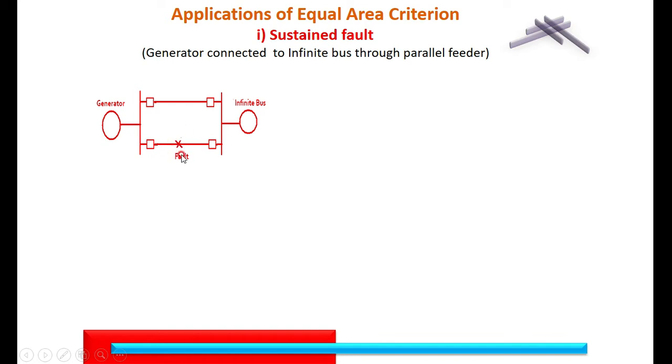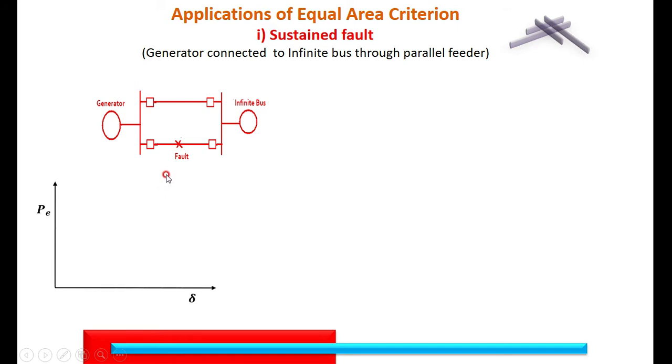Now a sustained fault is occurring at the midpoint of one of the feeders. Subsequently, when the fault occurs, this particular feeder is taken out of service because it is faulty. In that case, whether the system is stable or not, you have to test using the equal area criteria.